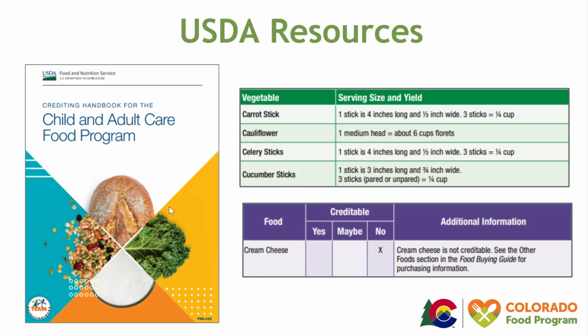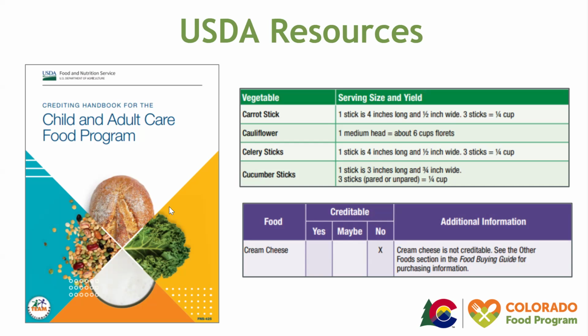The purple chart is an example of determining if a product is creditable or not. So does it credit towards one of those 5 components we've already talked about? The example on this slide is cream cheese. You can serve cream cheese, but it's considered more of a condiment.